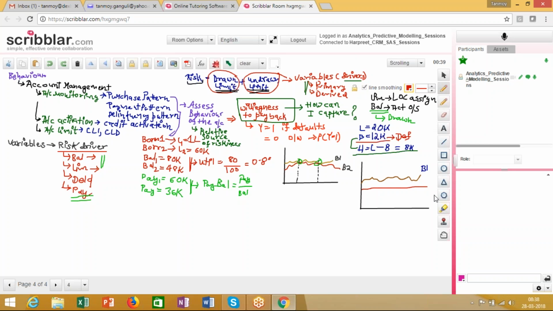So for the second person, we are just drawing another graph. This is the consumption for the second person.